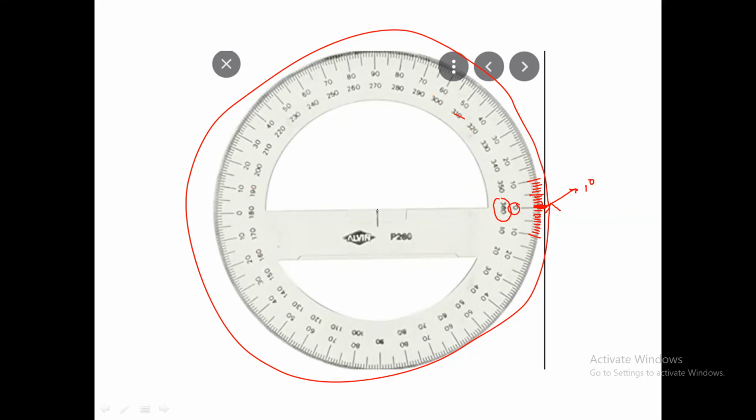So if you want to draw a 1 degree angle, you will take this as the vertex, this as OA, the initial side, and 1 degree means till here. It's a very small angle. So this angle theta will be 1 degree.